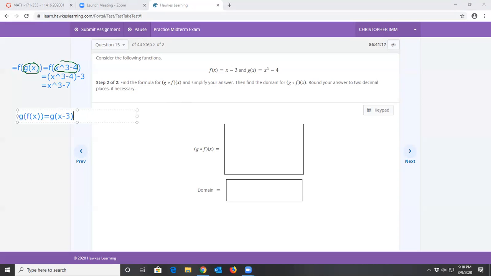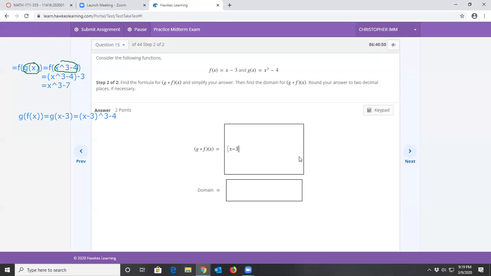Exactly. Then I'm going to plug that in for my g function. So what do I get for that? Close. x minus 3 cubed. There you go. Cubed minus 4. I think the software will take that without expanding it out.